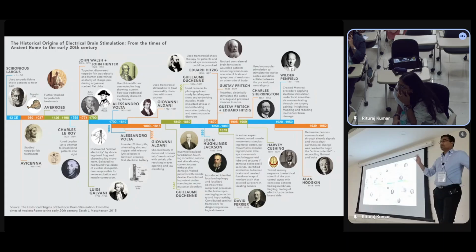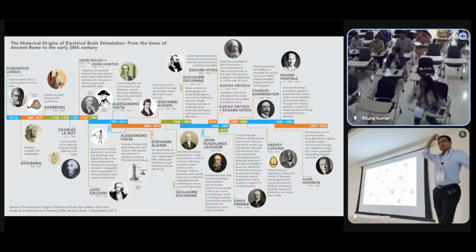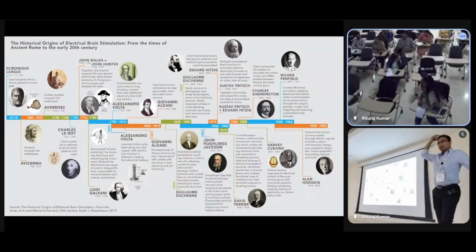Whereas the Utah and Michigan chips had to be hooked up with a wire, and it looked very ugly when a person has a protruding electrode coming out of the head and connected to a wheelchair. But that's how the research happened.